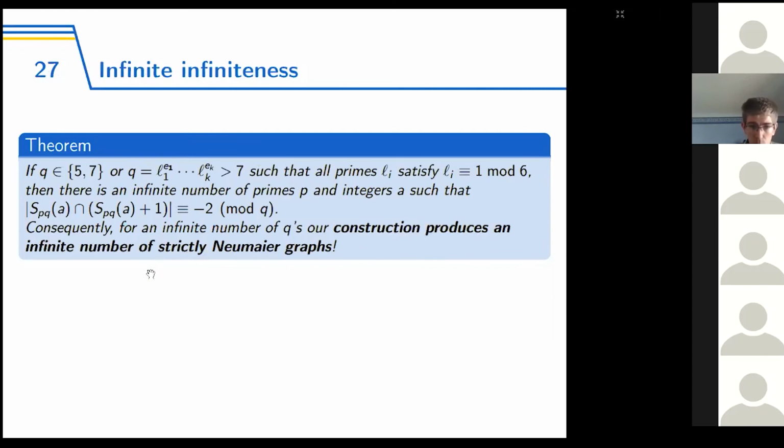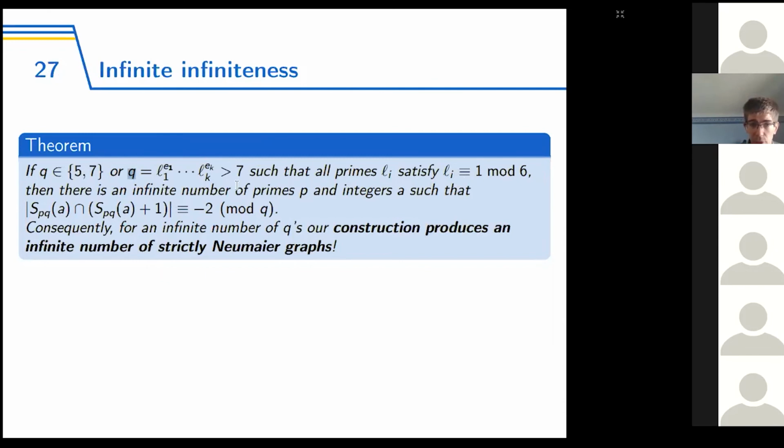Now, using some results on Jacobi sums, which I will not go into detail here, you can do the same thing, not only for 5, but also for 7. And actually, for each odd number which is the product of primes which are 1 mod 6.